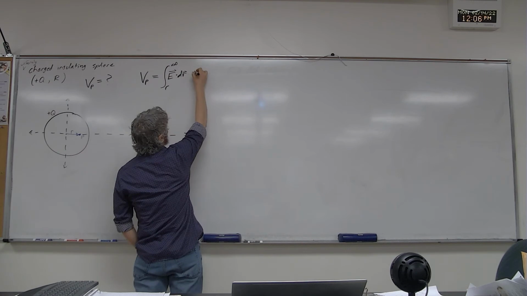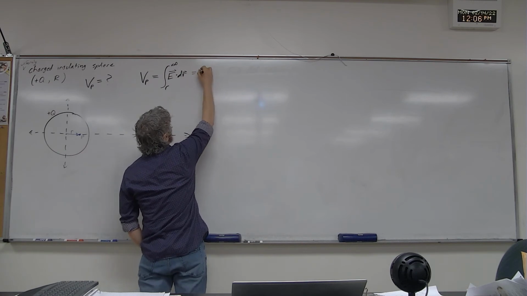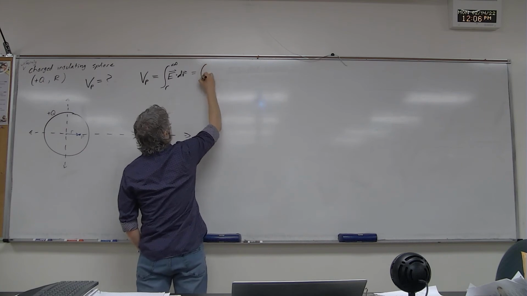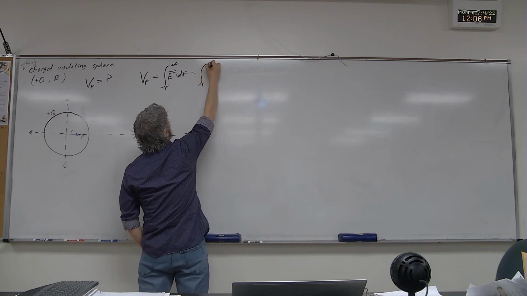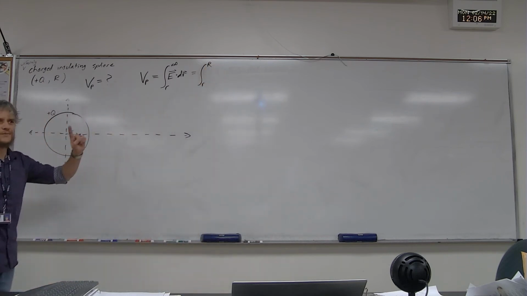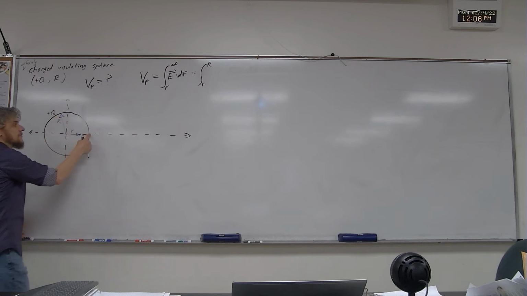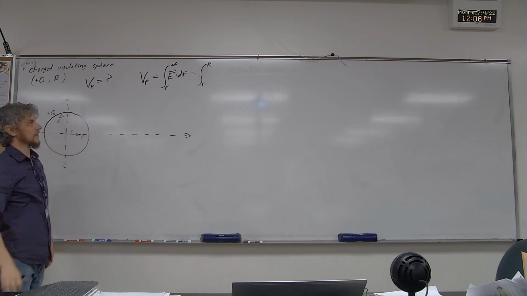All right, I need to find out how much work the electric field would do in taking the charge from little r to big R, which I forgot to label, plus the amount of work that the electric field would do in taking it from big R to infinity.